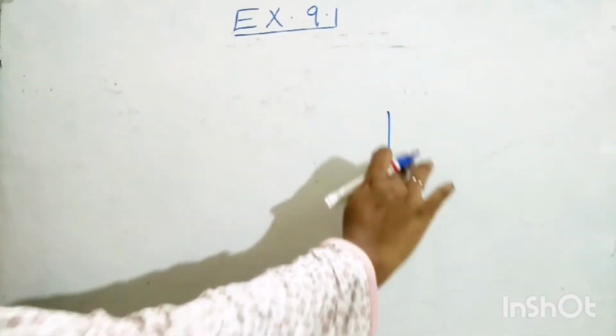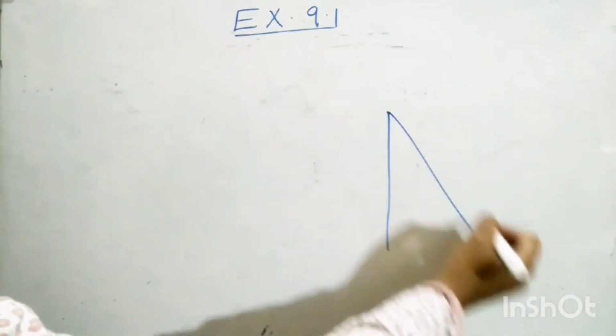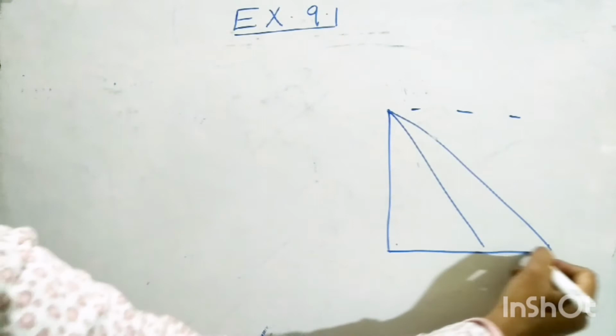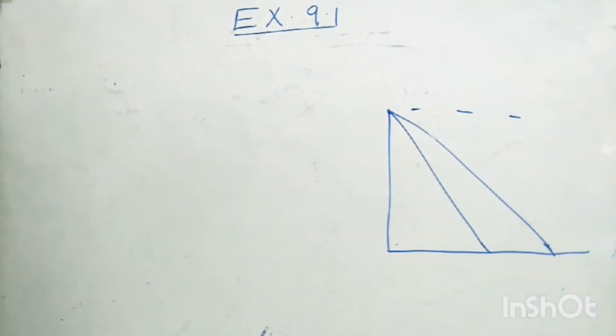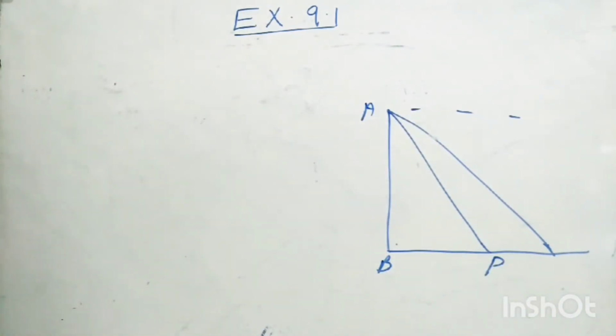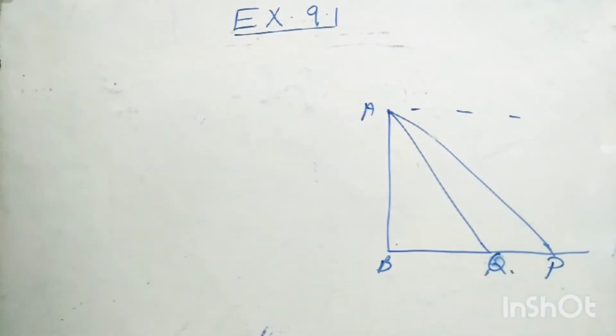This is our lighthouse and we have two ships. This is A, B, and P, Q represents our ships. The angle of depression is given.